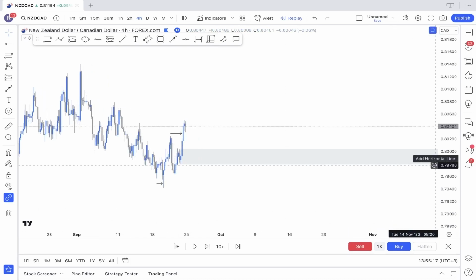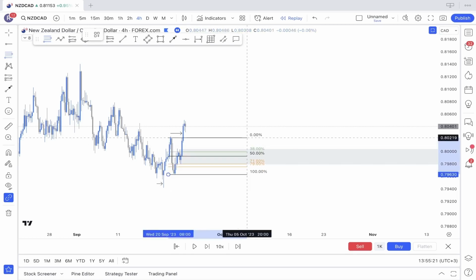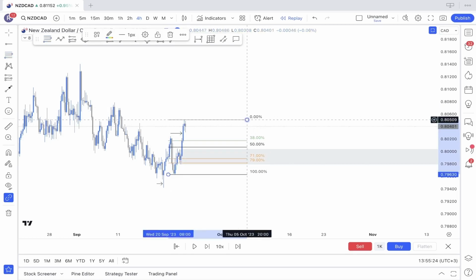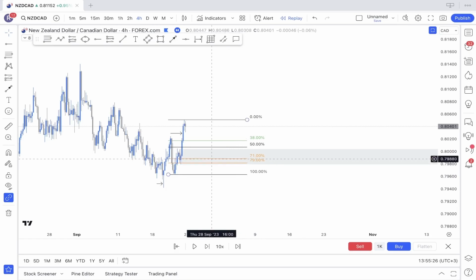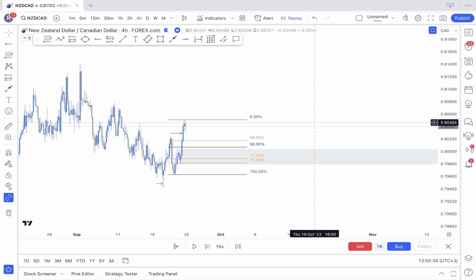The next thing I did is I drew the fib from this low to this newly created high, and I was seeing that my buy limit levels, the 71% and 79%, align with this order block, which is again another great confluence. Now all I have to do is wait to see what type of pullback I have.